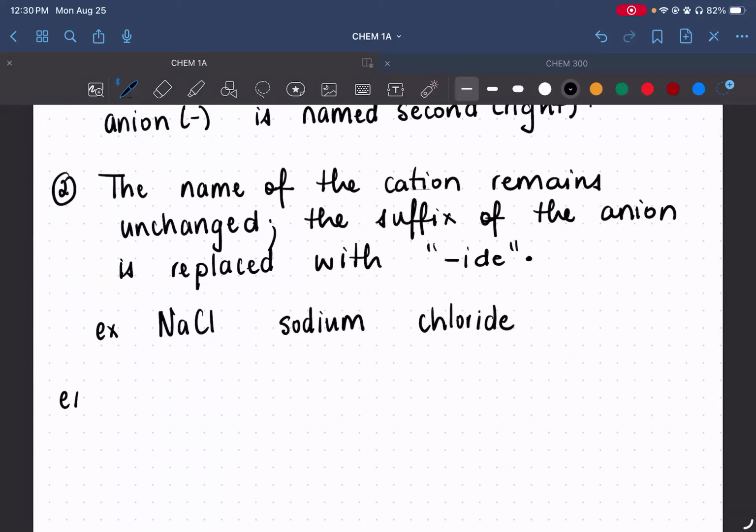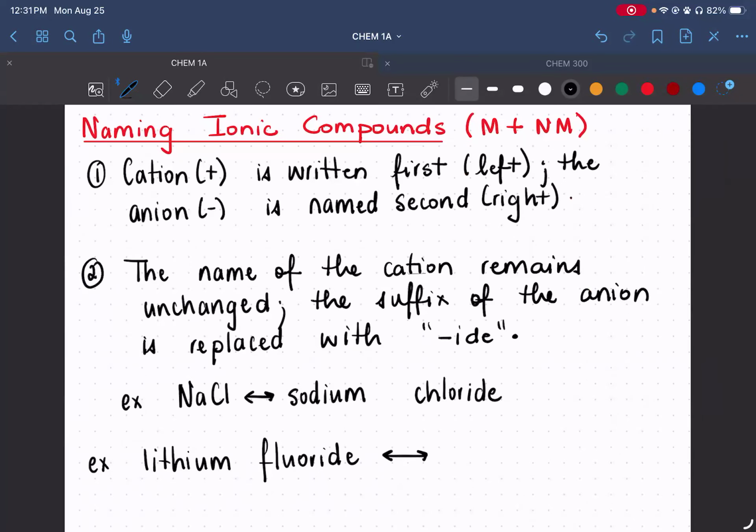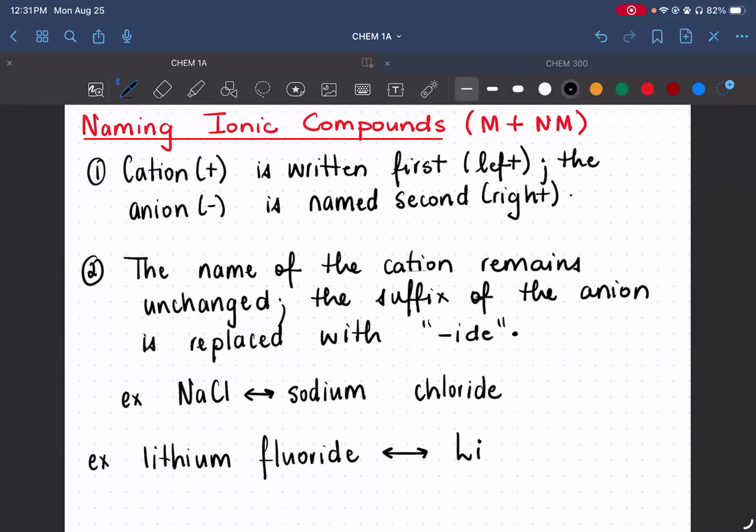What if it were the other way around? What if I had given you the name first, such as lithium fluoride? Well, we know what the process looks like. We know that the cation is written on the left and its name is unchanged. So we know that lithium is going to be our cation.